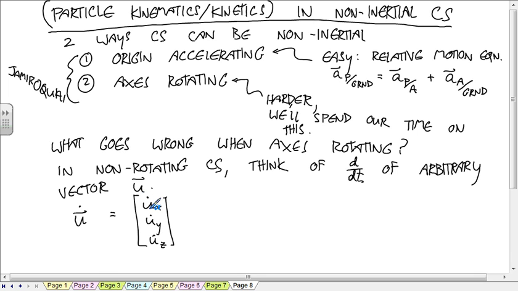Another way of writing this, the way you probably saw this notation in physics at least, is the time derivative of u is equal to ux dot times i plus uy dot times j plus uz dot times k, right?